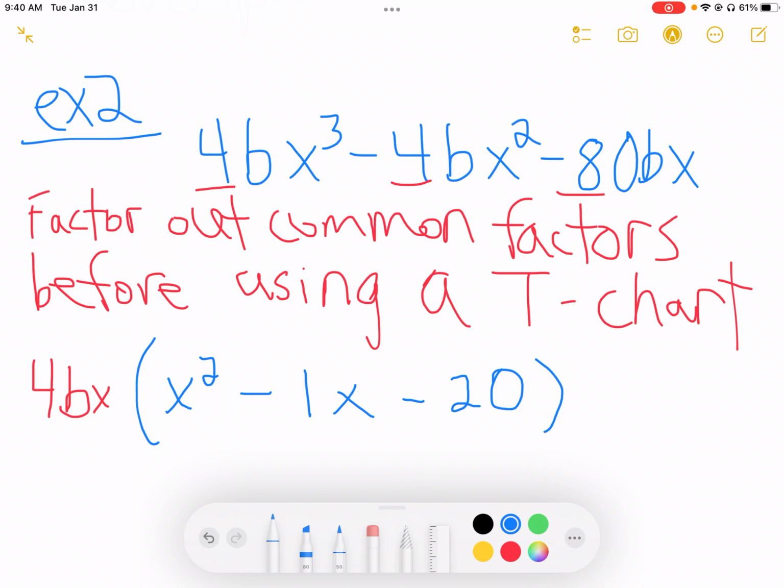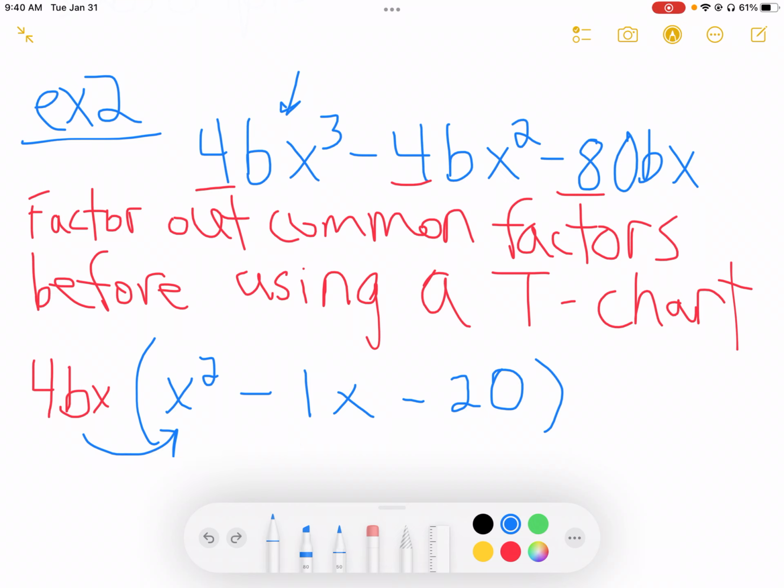So I think about multiplying those back out. If I do that, I end up with what I had up here at the top. And if I did it for this one, I should end up with that same thing: minus 4bx squared, and if I did 4 times minus 20, I'd have minus 80bx.